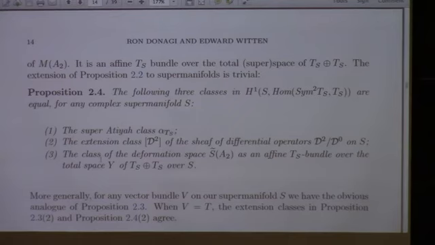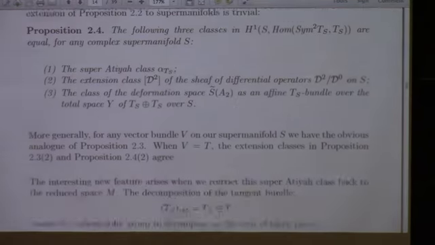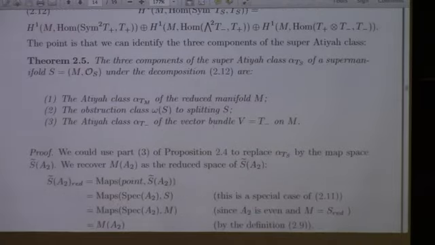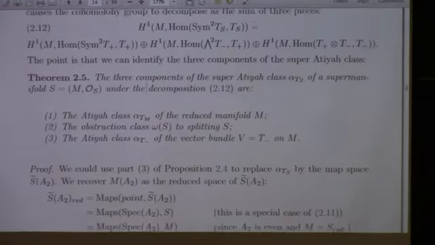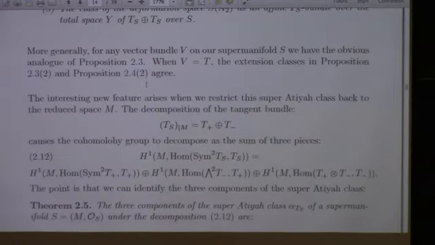So the super-Atiyah class has these descriptions in terms of differential operators and deformations, but when you restrict it back to the even part, to M, you get this decomposition highlighted here. So H1 on M of Hom from Sym^2 TS to TS. This is the group where the super-Atiyah class lives.